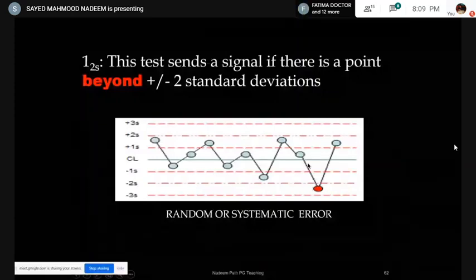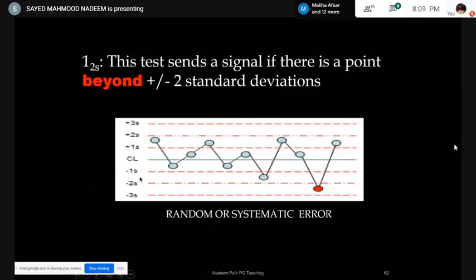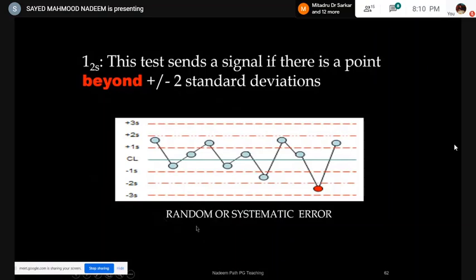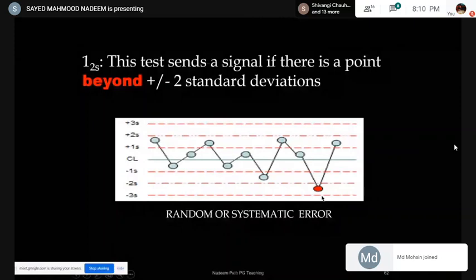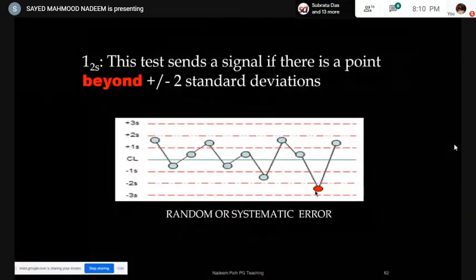And since this is 1 point on one side and there is no other pattern, this would be considered as a random error. But please don't just understand this as random error. If these points continue on the side, then it will become a systematic error also. So 1 2s is a random error, or a beginning of a systematic error.